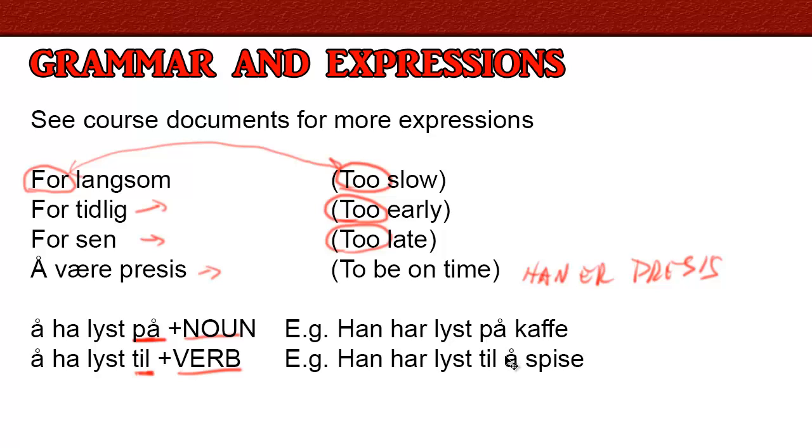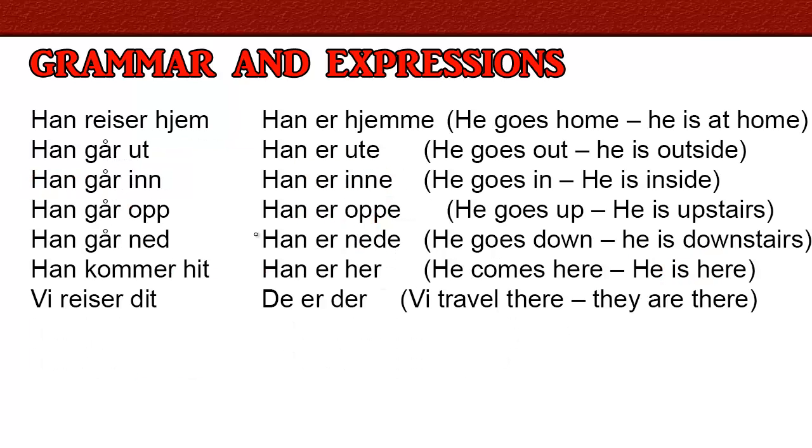More expressions. This can also be translated directly over to English, but there are some expressions you don't have the same with. For instance, han reiser hjem, he goes home. Han er hjemme, he is at home.